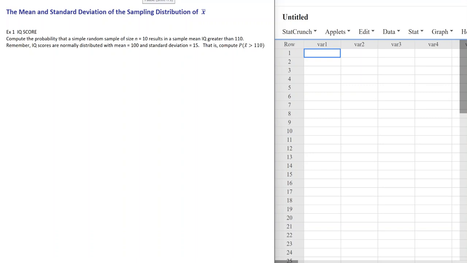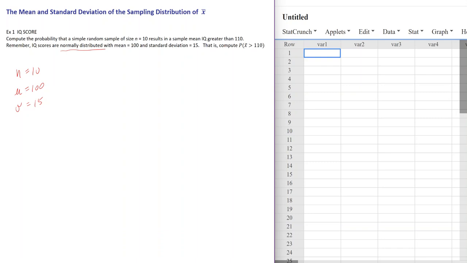So the first thing is we have a sample size equal to 10. I know that we have a normally distributed IQ score, so the population is normally distributed with a mean of 100 and a standard deviation of 15.